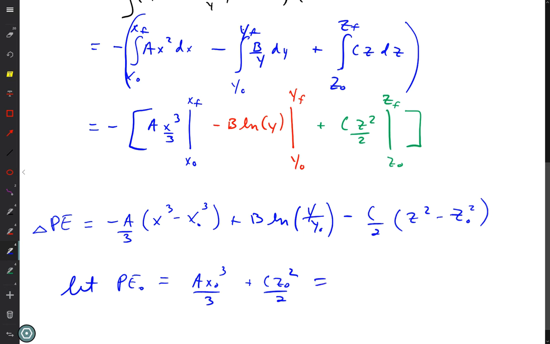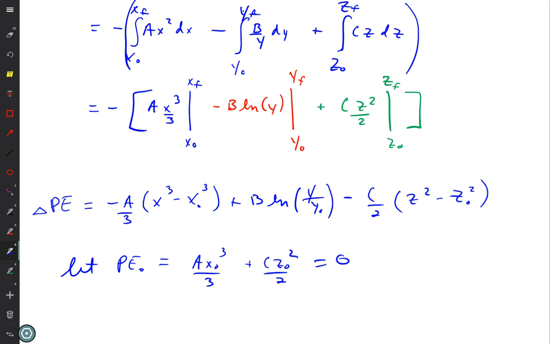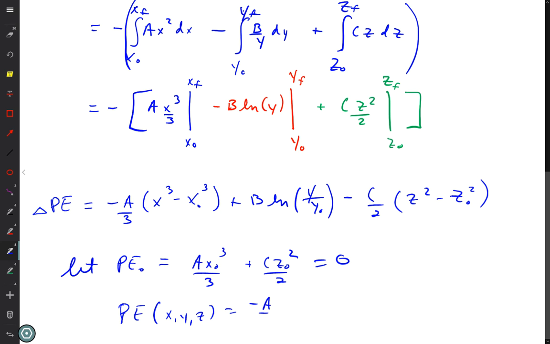So I'm going to let that equal 0 and not worry about the y portion. So I have kind of a hybrid here for my potential energy function, so I can have the units right. So that will let me say potential energy as a function of x, y, and z is equal to that.